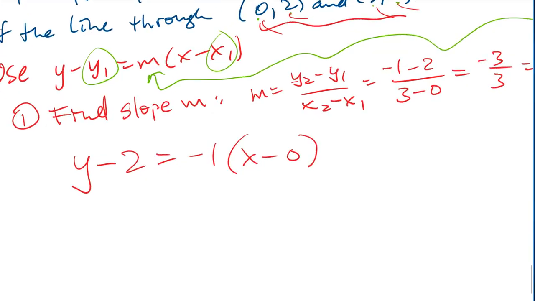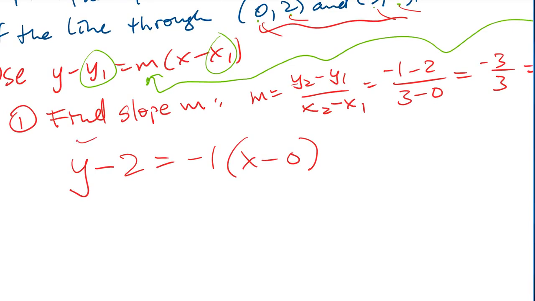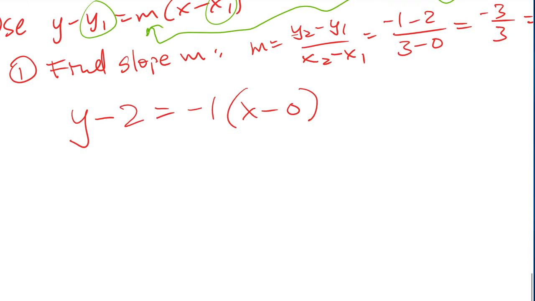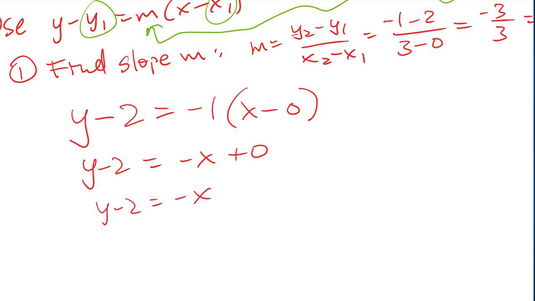Don't ever plug anything in for y and x. You leave those alone when you're finding the equation of the line. So we get y minus 2 equals -x plus 0, so y minus 2 equals -x.